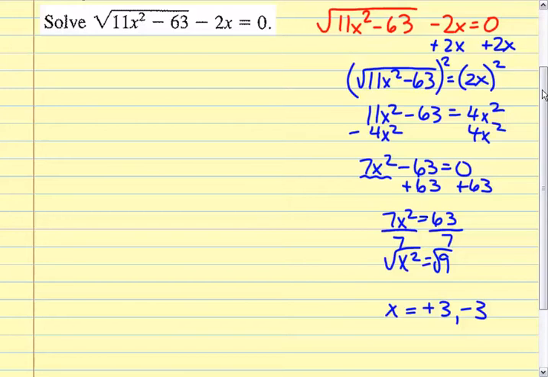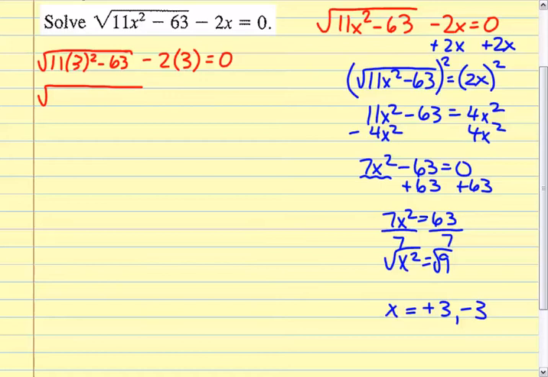Let's check positive 3 first. Square root of 11 times 3 squared minus 63 minus 2 times 3 is equal to 0. All right, let's see. Square root of 11 times 9 minus 63 minus 6 equals 0.